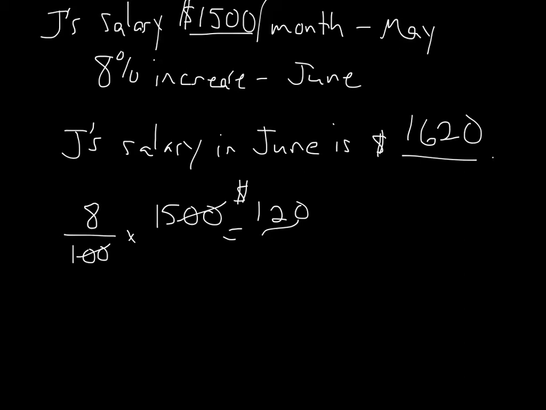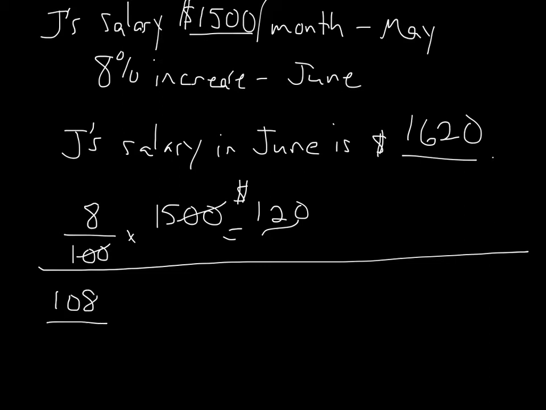There actually is another way. Once again, this is kind of the calculator way. You can actually say that he's already making his full salary, which is 100%, and it's going up 8%. And so I'm actually getting into, you can have percentages greater than 100. He's going to make 108% or 108 hundredths of what he made before. And if this confuses you, you don't have to do it.